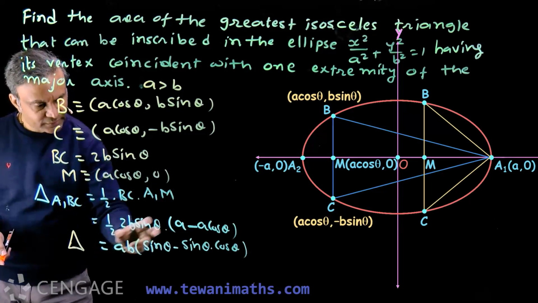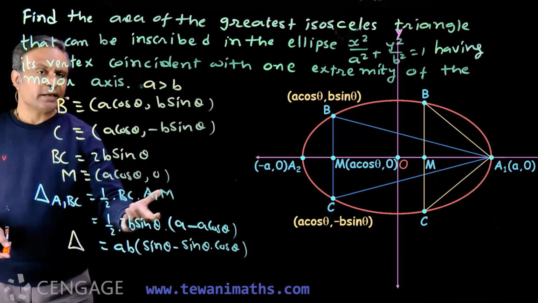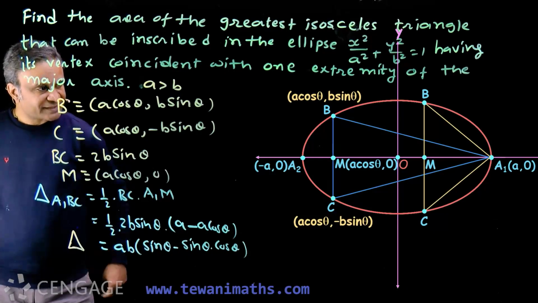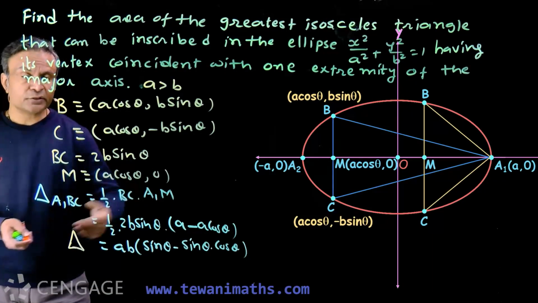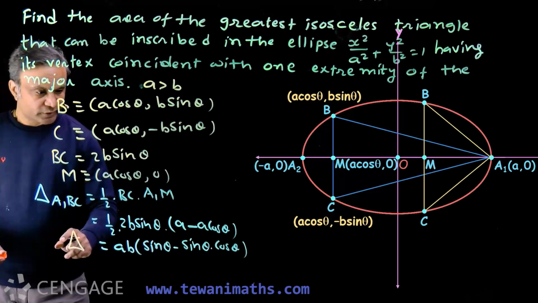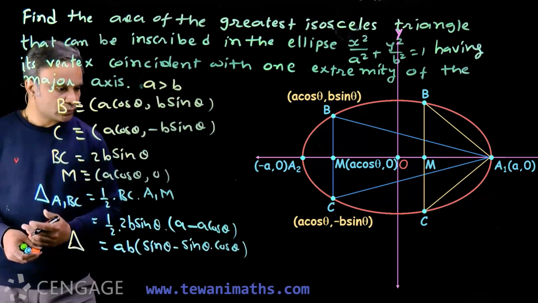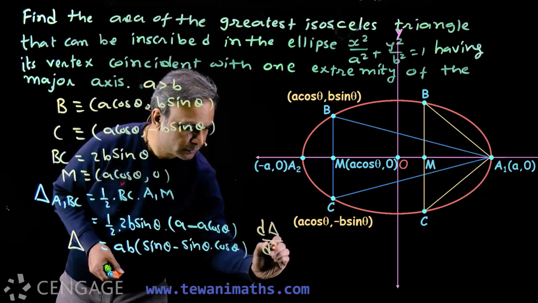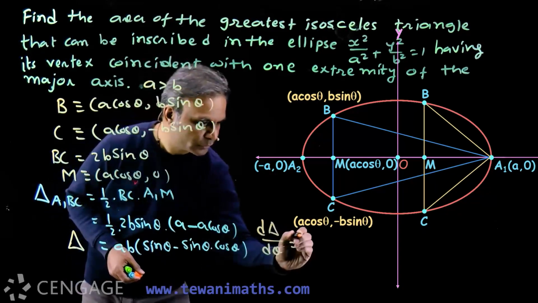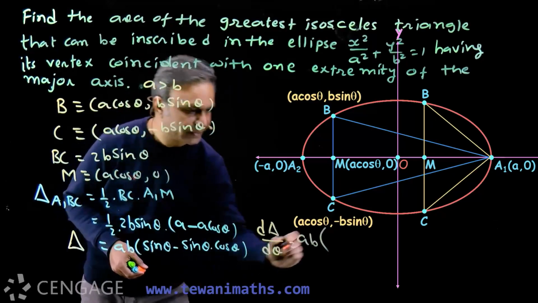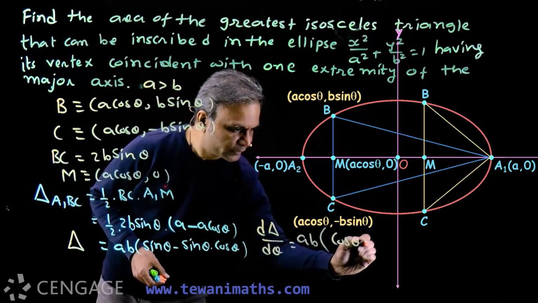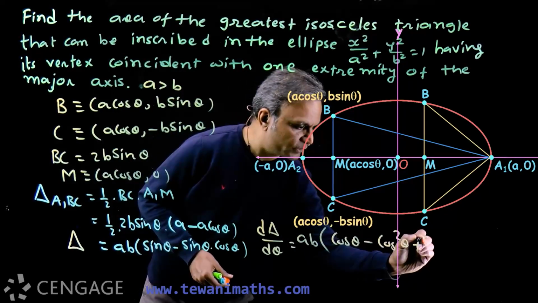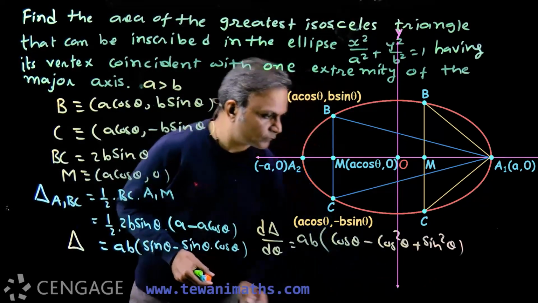So to maximize this function we take the help of differentiation. अब जानते हैं ना, मैक्सिमम मिनिमा के लिए हम डिफरेंशिएशन यूज कर सकते हैं. We differentiate this function with respect to variable theta. We have d delta upon d theta is equal to AB multiplied by inside bracket we have cos theta minus cos square theta plus sin square theta.